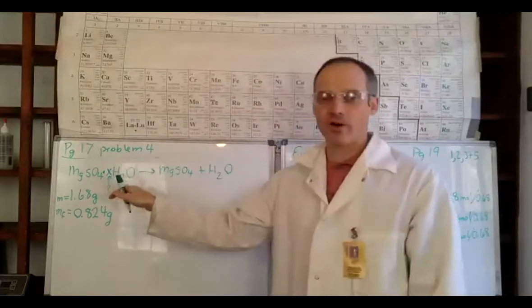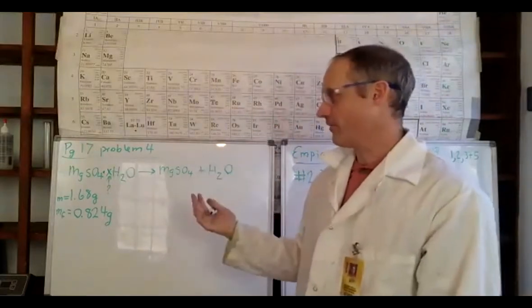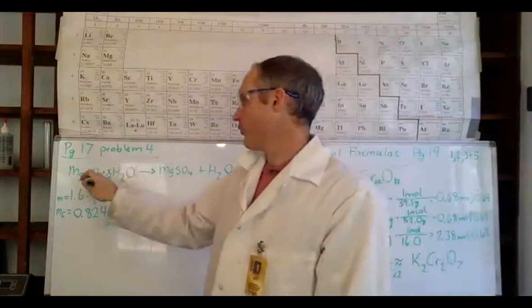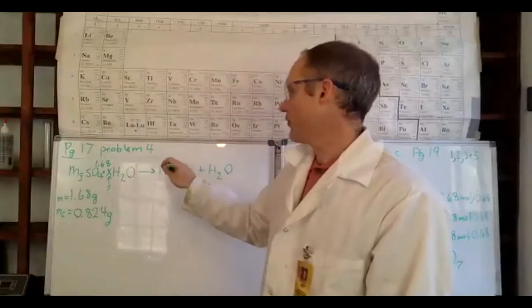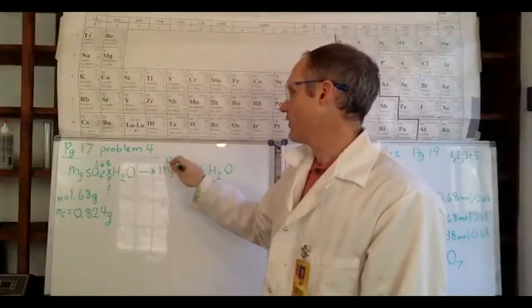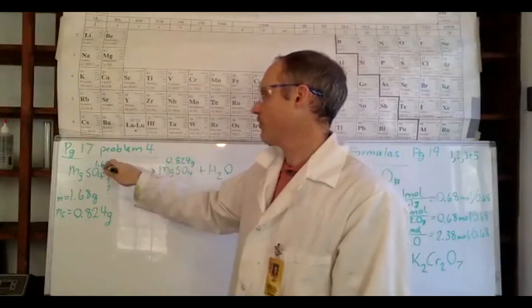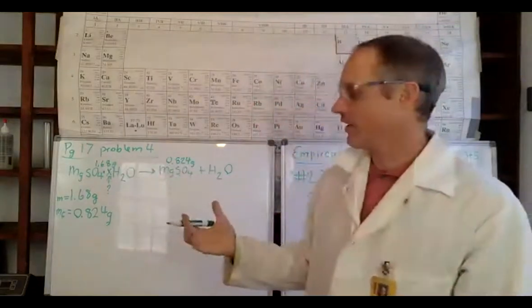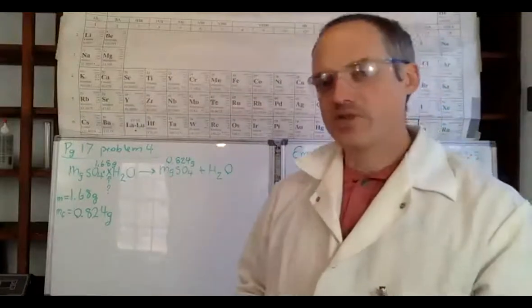So before it had the water attached to it, afterwards the water's gone. It's going to be like a vapor. Before it had a weight of 1.68, and then afterwards it has a weight of 0.824. Okay, so it went from 1.68 grams before to 0.824 grams afterwards.